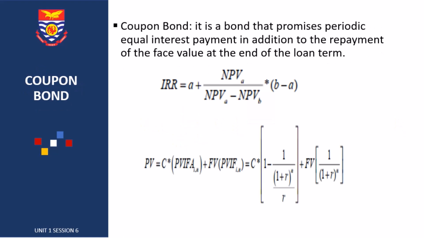Next, we'll consider the coupon bond. A coupon bond is a bond that promises periodic equal interest payments in addition to the repayment of the face value at the end of the loan period. Unlike the other loans where the principal is paid in equal periodic payments, with the coupon bond you pay the interest on an equal term, and at the end you are required to pay the principal figure.